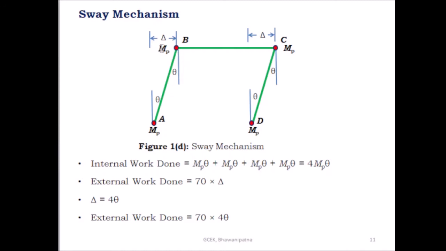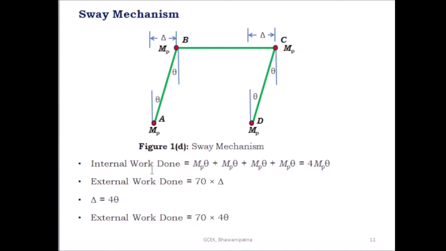So the external work done due to the collapse load 70 kilonewton is equal to 70 into delta. But we know the height of the column is 4 meter and this is theta. So 4 into theta is equal to delta. Delta is equal to 4 into theta. Then after putting the delta value here, the external work done is equal to 70 into 4 into theta.